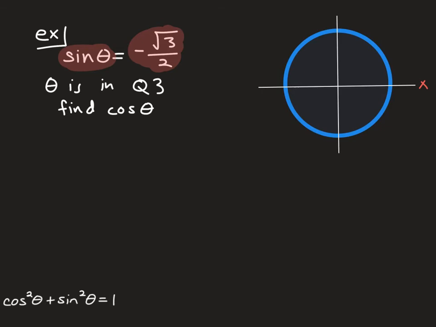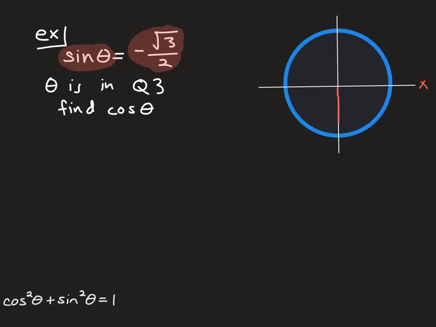So, on the unit circle here, from the center in any direction out to the circle would be a distance of 1. So I'm going to be going down since it's negative, and sine of theta is a y value. So I'm going to go down a distance, a y value, of about 0.8 or so.